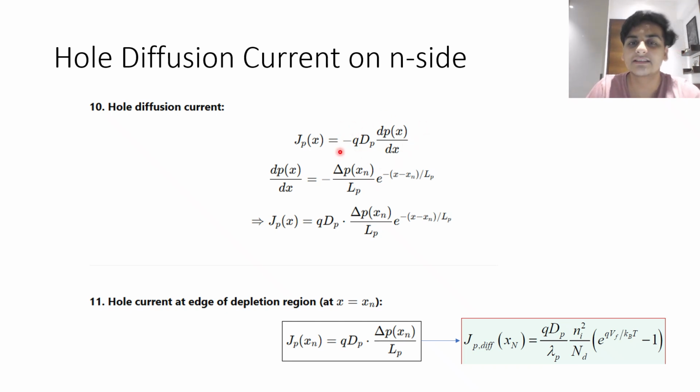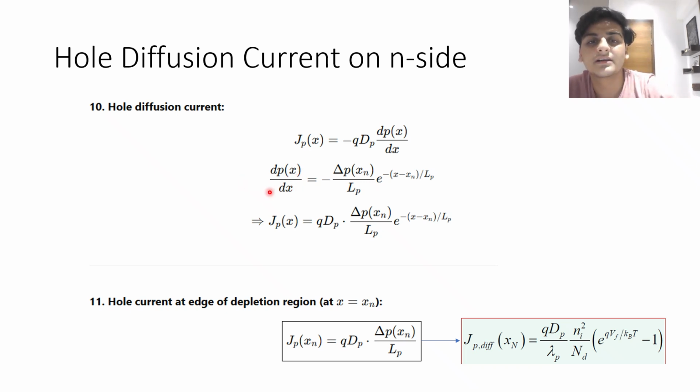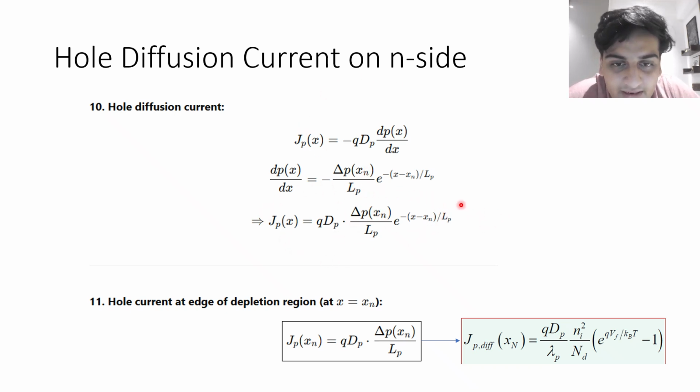For that, we use the standard formula of diffusion current, which we had seen before. We need to substitute dp/dx. We can differentiate the expression for p from the last slide and substitute that into this, and using that we finally get this expression for the hole current.